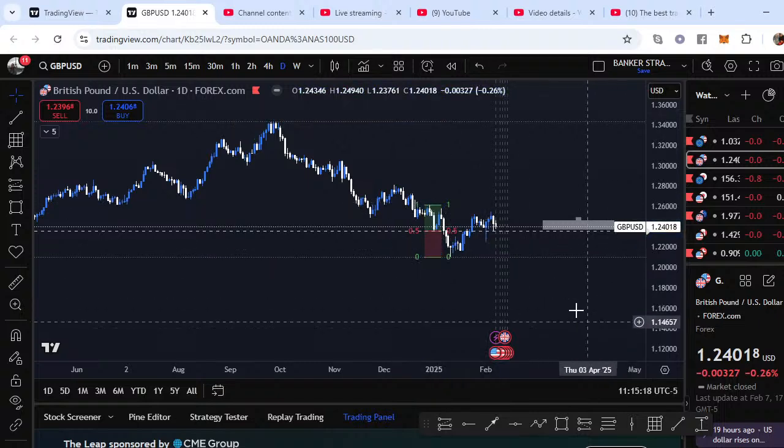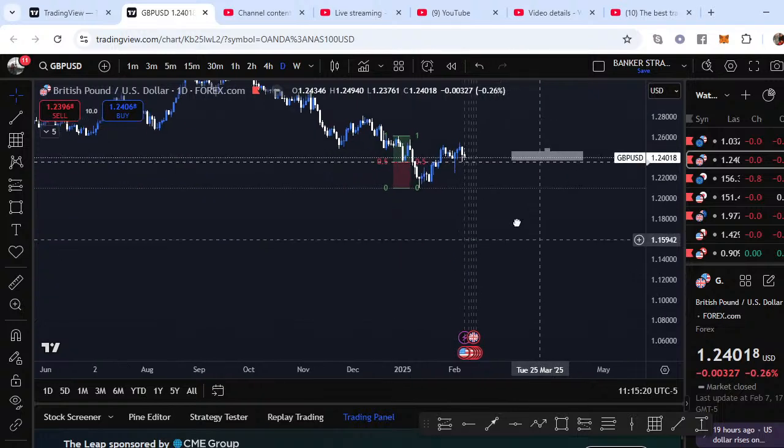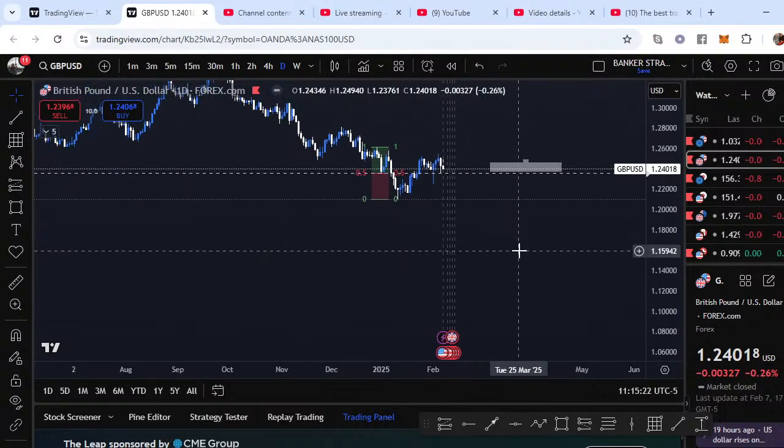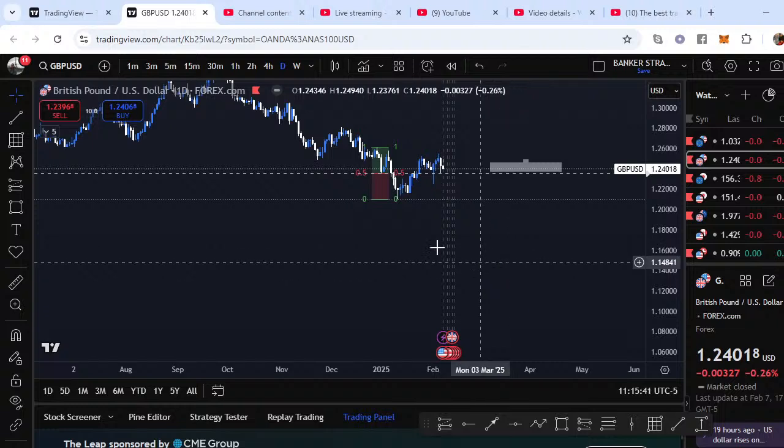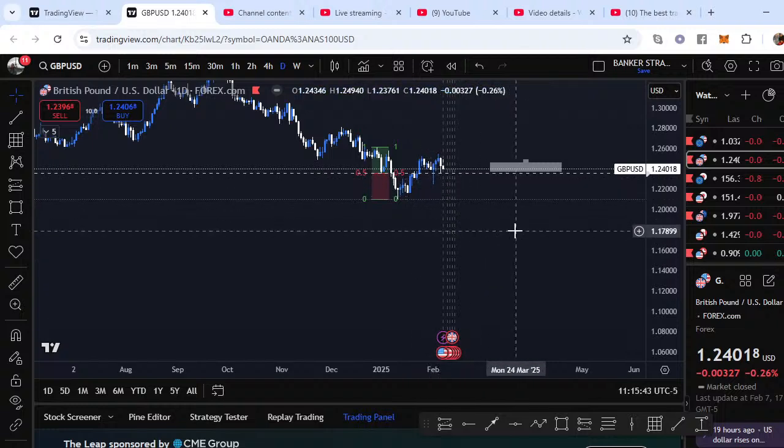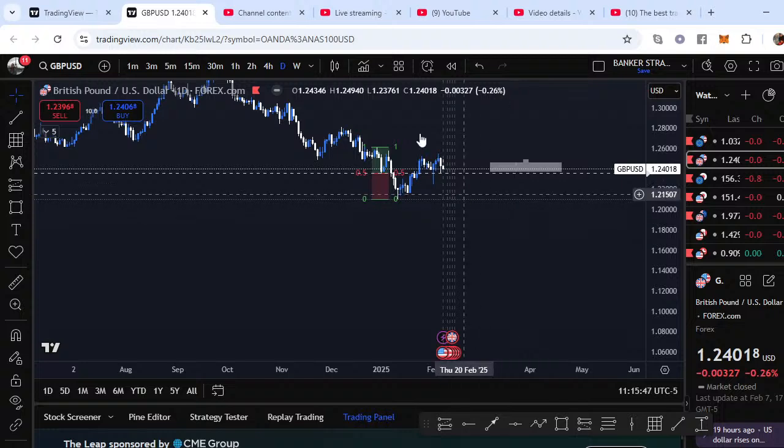Now this is a forex pair, so we're going to use this range, and we're going to see how we know where price is going.